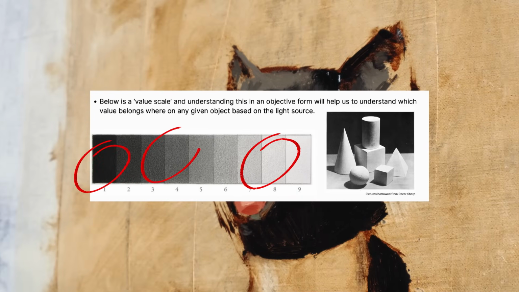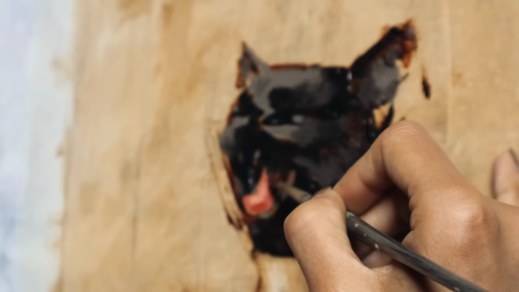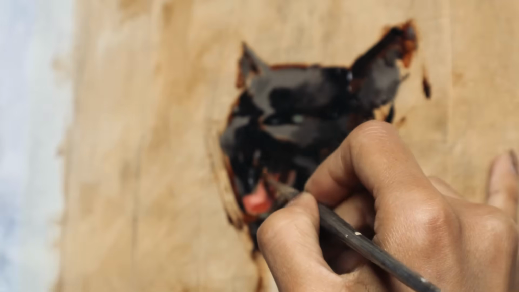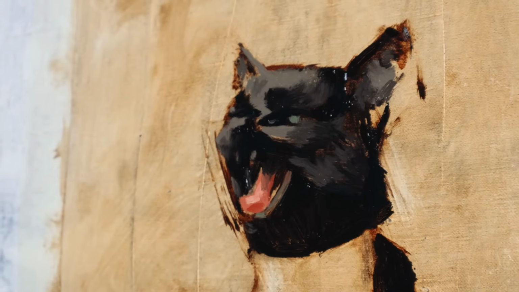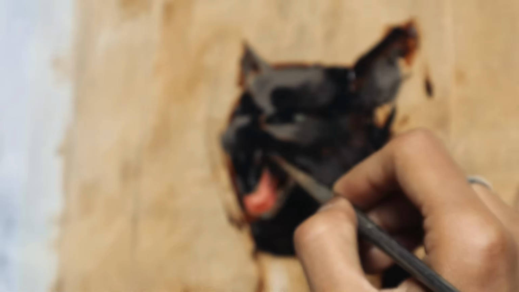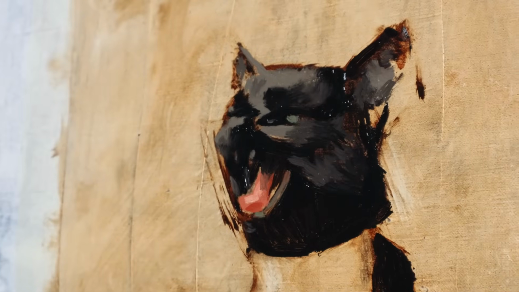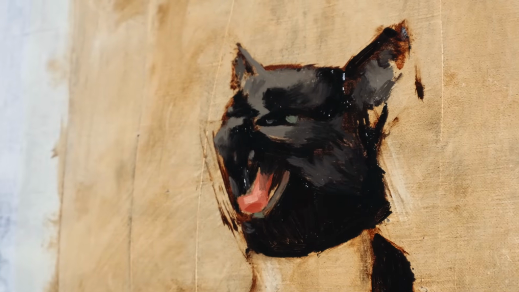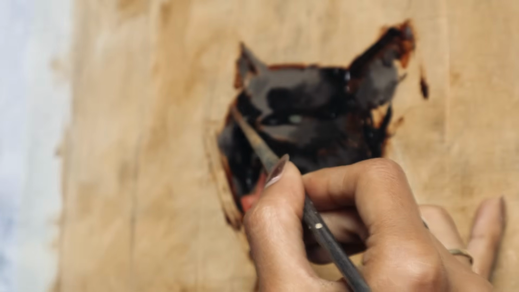If we have these three in place very clearly, your subject is going to look like it's making sense, like it's doing what it needs to do. The effect of light and shadow will automatically start to come into place, and you will slowly understand how the form is turning.